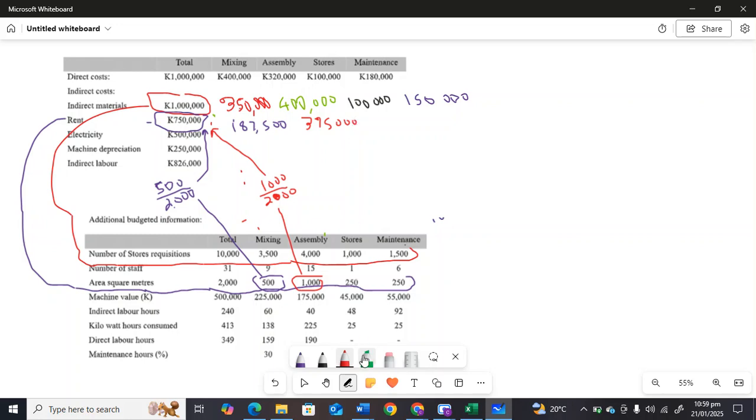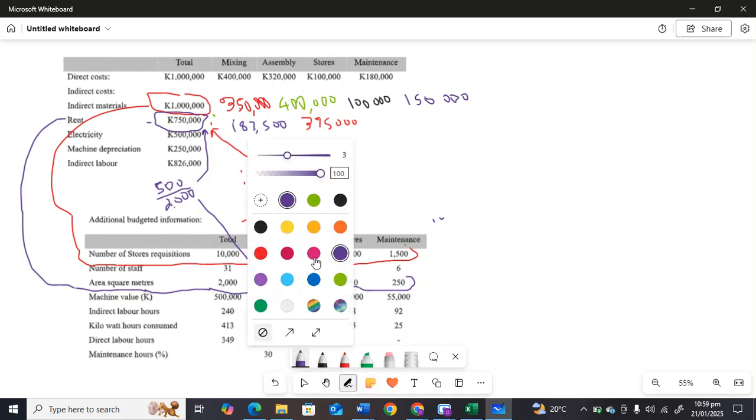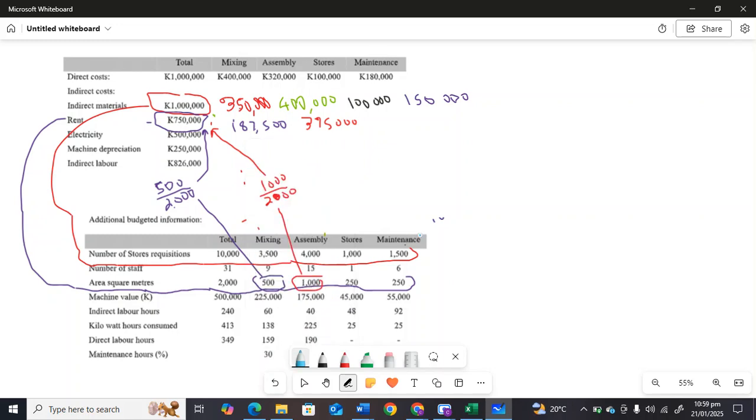Then you come to stores. Stores has 250 square meters. So you're going to say 250 over 2,000. What's that? 0.125 multiplied by 750,000.